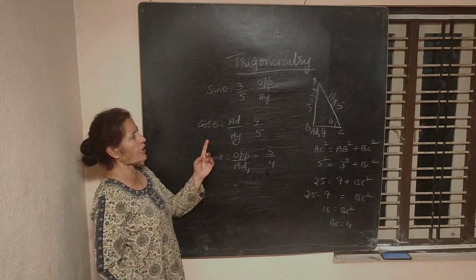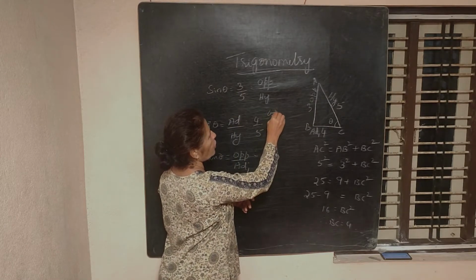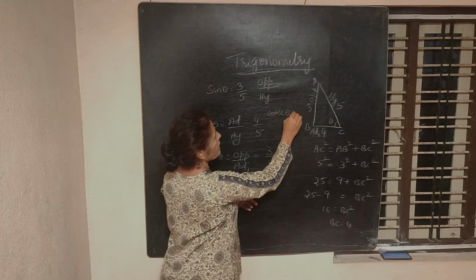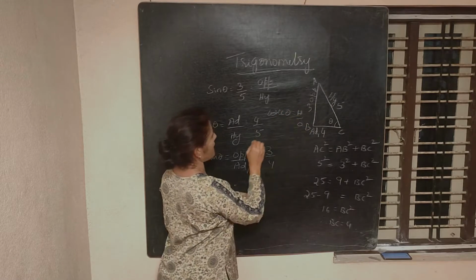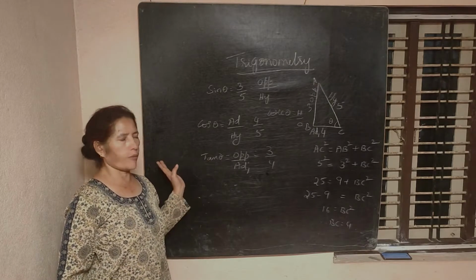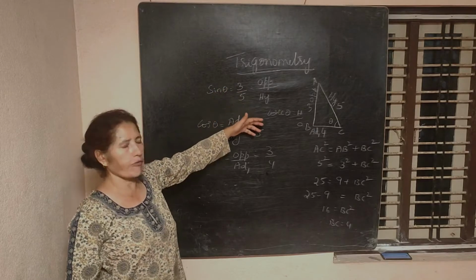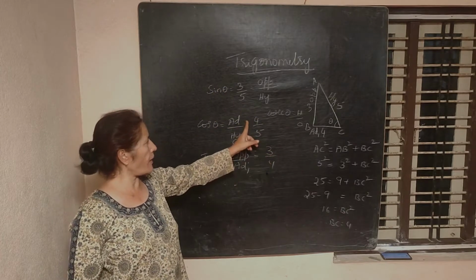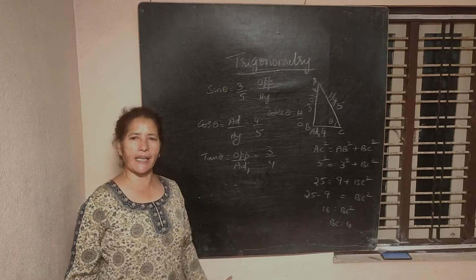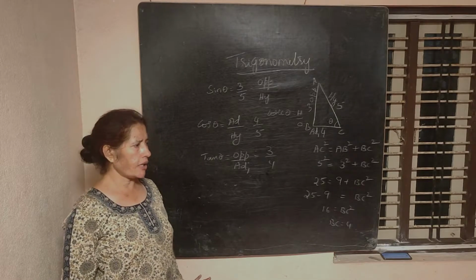Likewise, I can write down cosecant theta: cosecant theta is HO, and secant theta is HA, cot theta is AO. So I can write down the values very easily: 5 by 3, 5 by 4, 4 by 3. Is it clear? Any doubts?